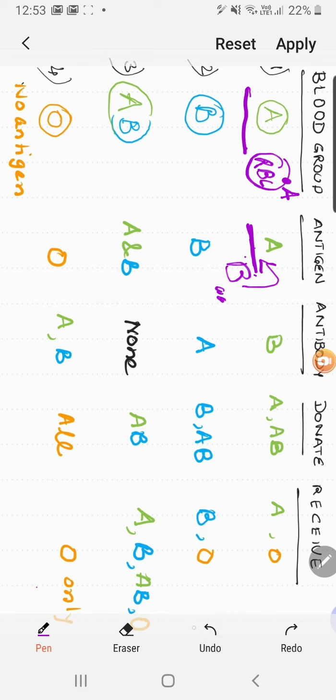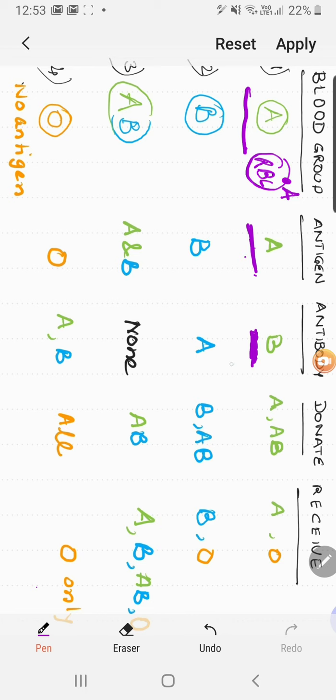So blood group A, that means antigen A on the surface of RBC, and if it is not matched, that means your body will start reacting and showing antibody production against B, because B doesn't match with A, right? Whom can we donate to?